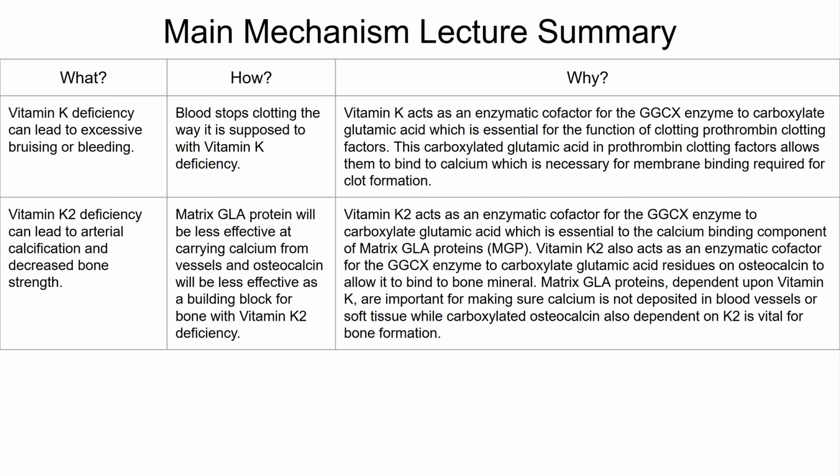Vitamin K2 deficiency can lead to arterial calcification and decreased bone density because it acts as an enzymatic cofactor necessary to carboxylate glutamic acid residues on matrix GLA proteins and osteocalcin. Matrix GLA proteins help prevent calcium from being deposited in arteries and soft tissue, while osteocalcin supports bone formation.